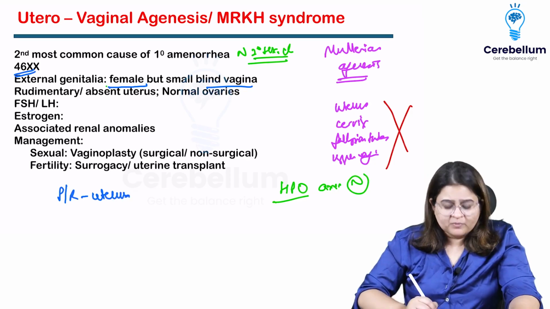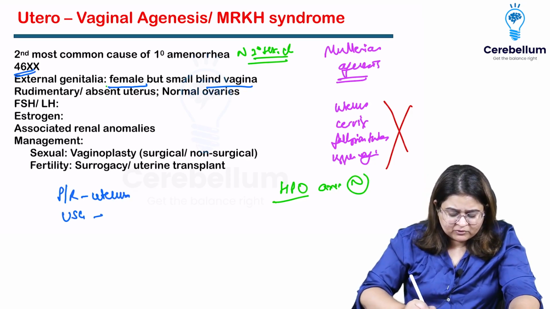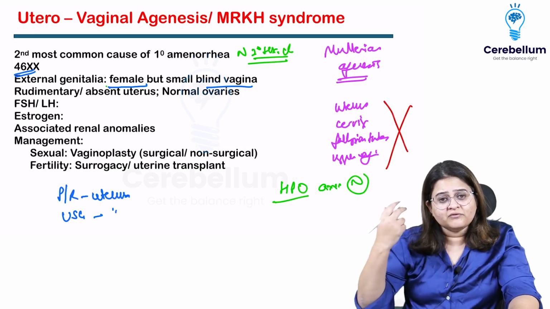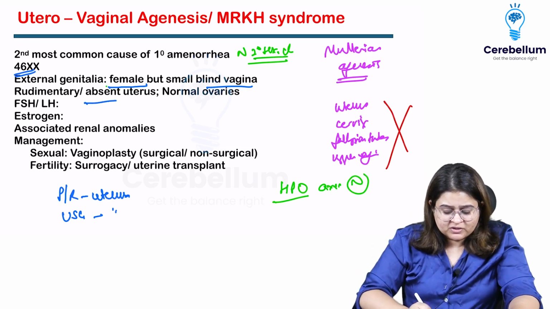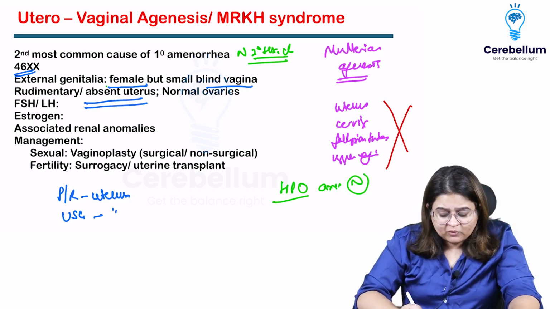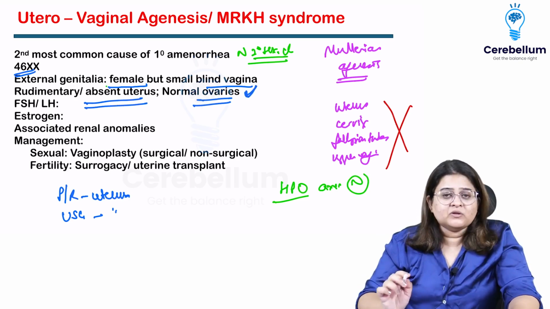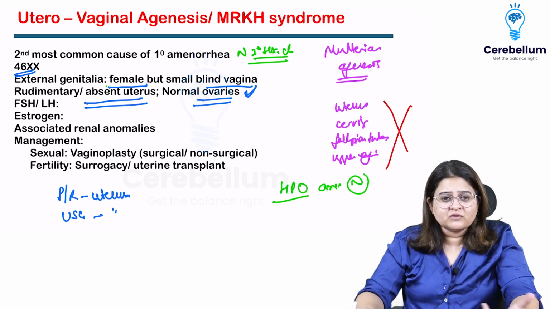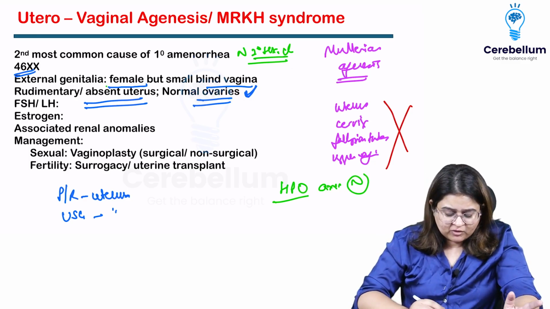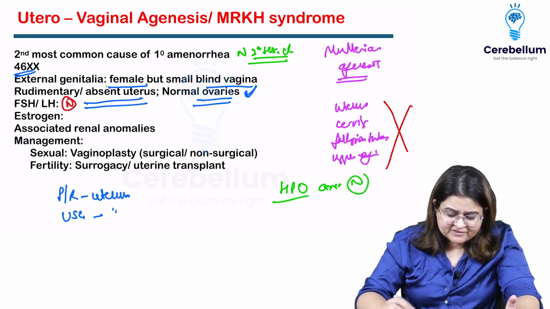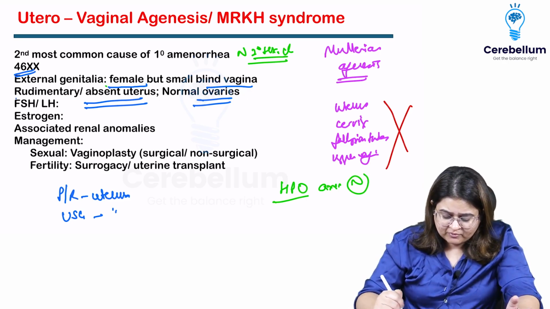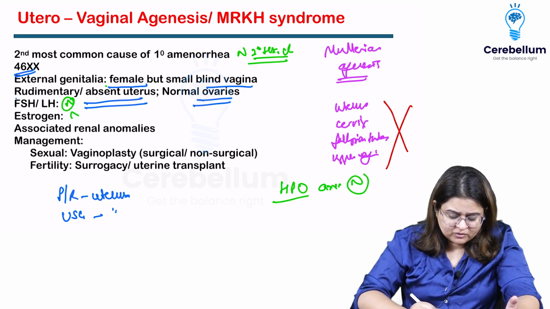But sometimes this is not possible, so you get an ultrasound and look for the presence of a uterus, and you will find an absent uterus. But the ovaries are going to be completely normal on the ultrasound because the ovaries are not the problem here. If you do a hormonal profile, you will find normal FSH-LH and normal estrogen.